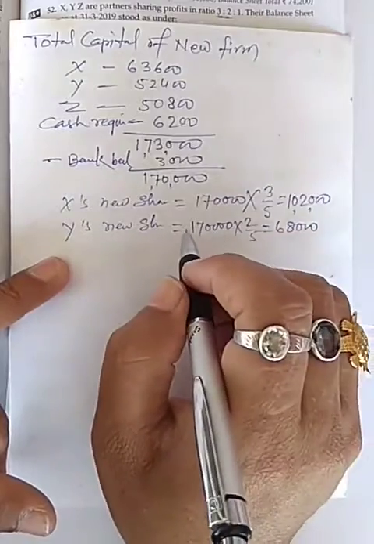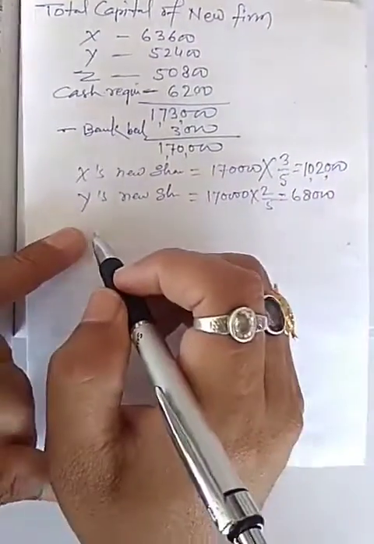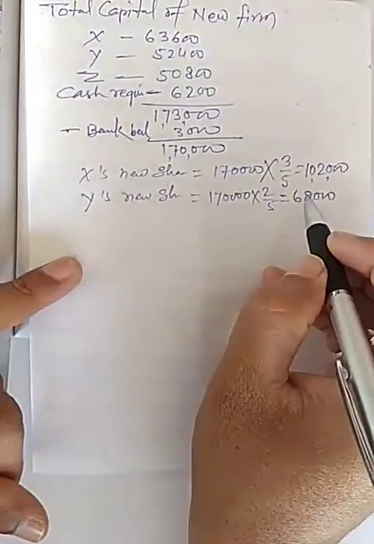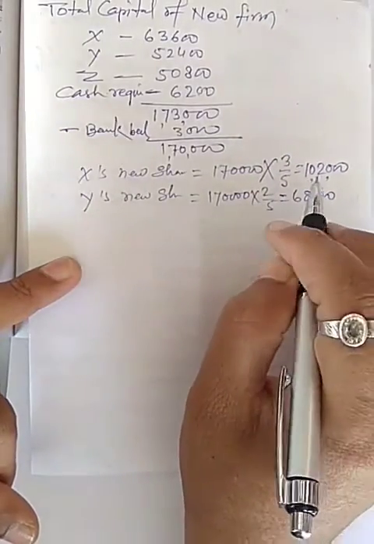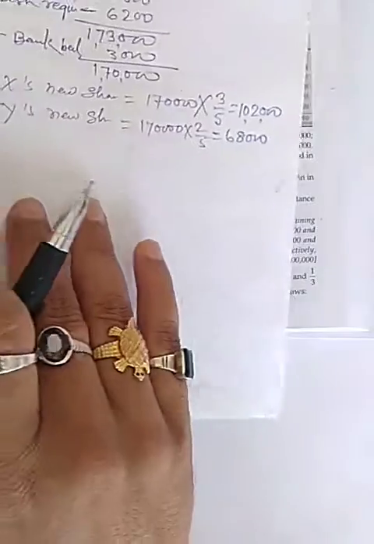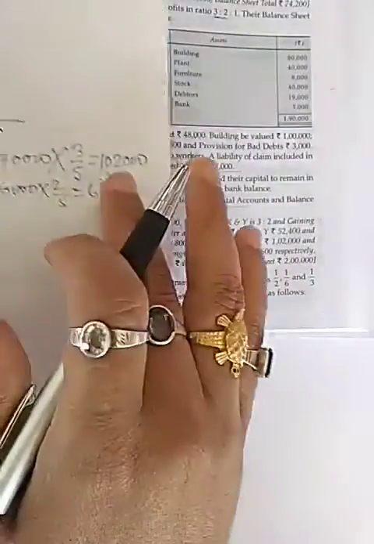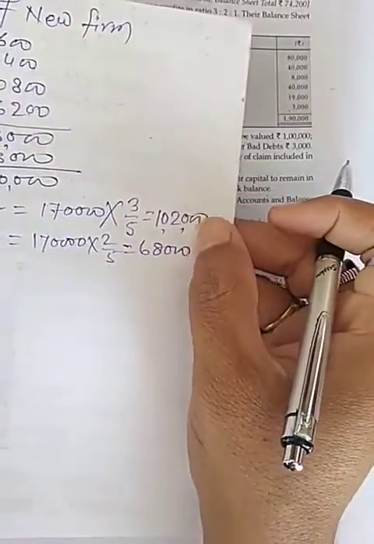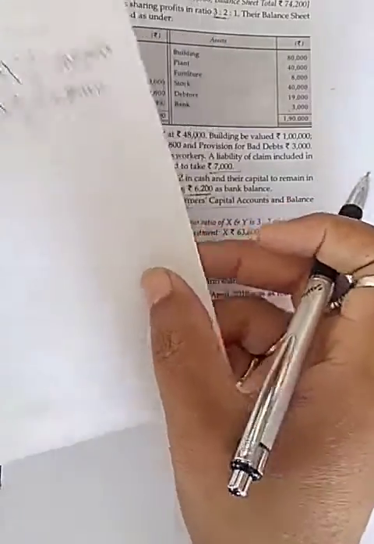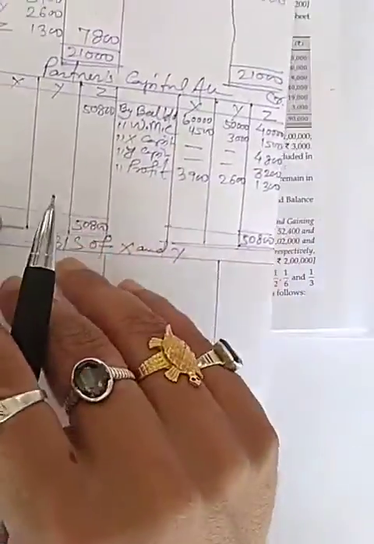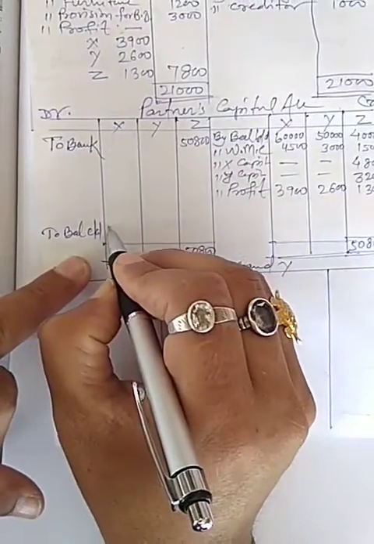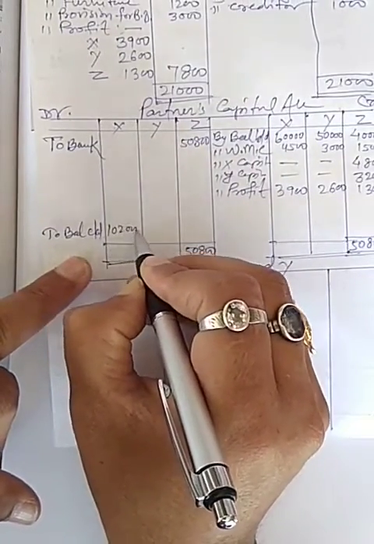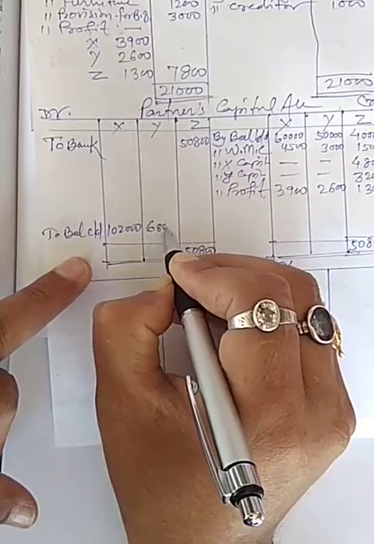Now I have to put the new capitals 1,02,000 and 68,000 in the balance sheet.